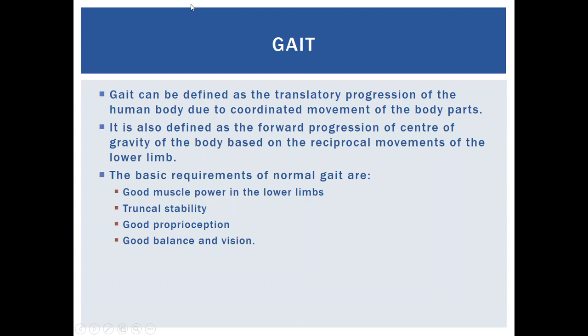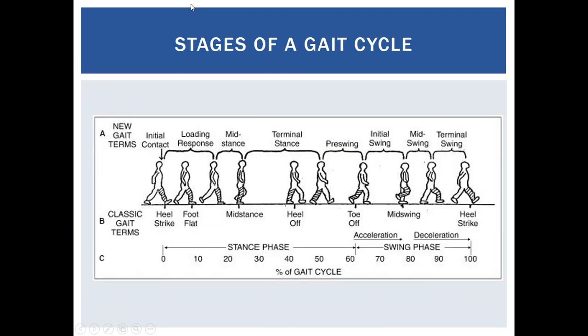Then your trunk has to be really stable, and then you have to have good proprioception, and good balance and vision is also necessary for gait. So one of the main requirements for a normal gait is balance. So if you are rehabilitating a person who has walking issues, then you have to make sure that you rehabilitate them for balance training first. You balance train them first, and then move on to gait training.